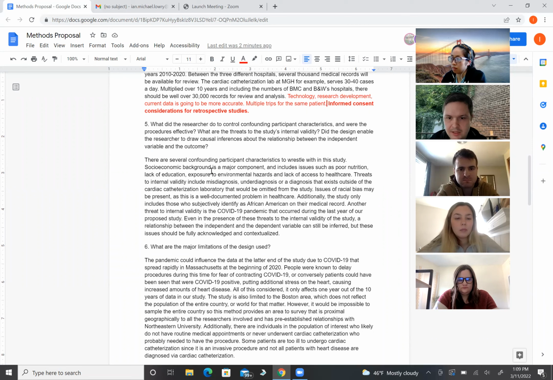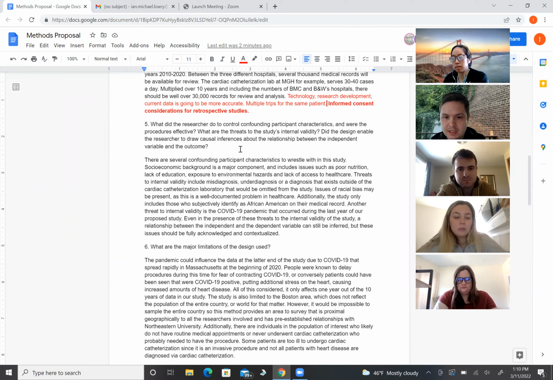So there are several confounding participant characteristics to wrestle with. Socioeconomic background is a major component, includes issues such as poor nutrition, lack of education, exposure to environmental hazards, complete lack of access to healthcare altogether.